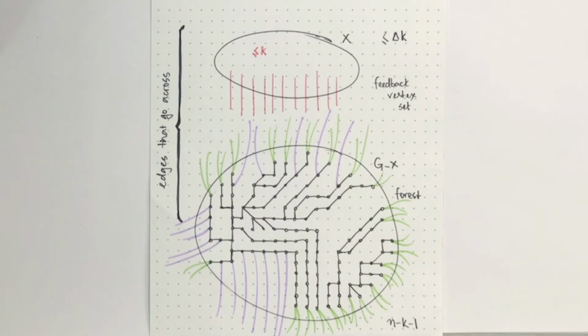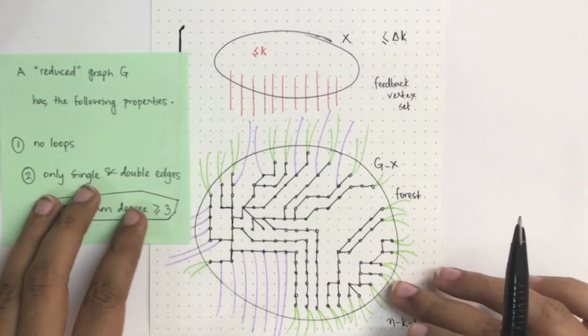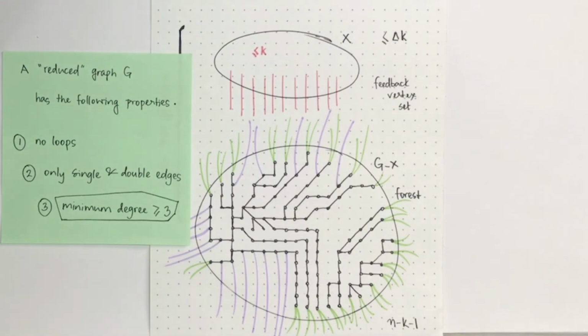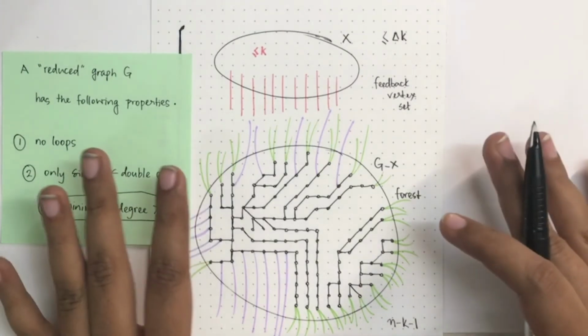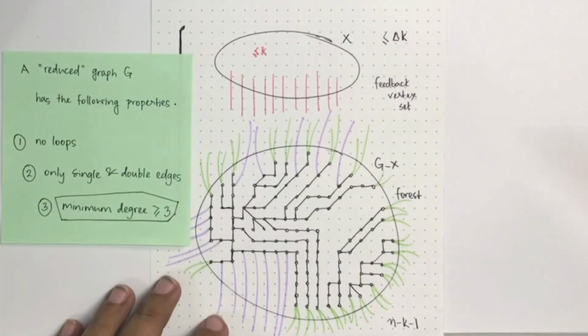And notice that our graph is reduced with respect to these reduction rules from before, and crucially, the minimum degree is at least 3. Which means that all of these leaves actually have at least 2 more neighbors in the graph. But since those neighbors don't belong to the forest, they must be in the feedback vertex set.